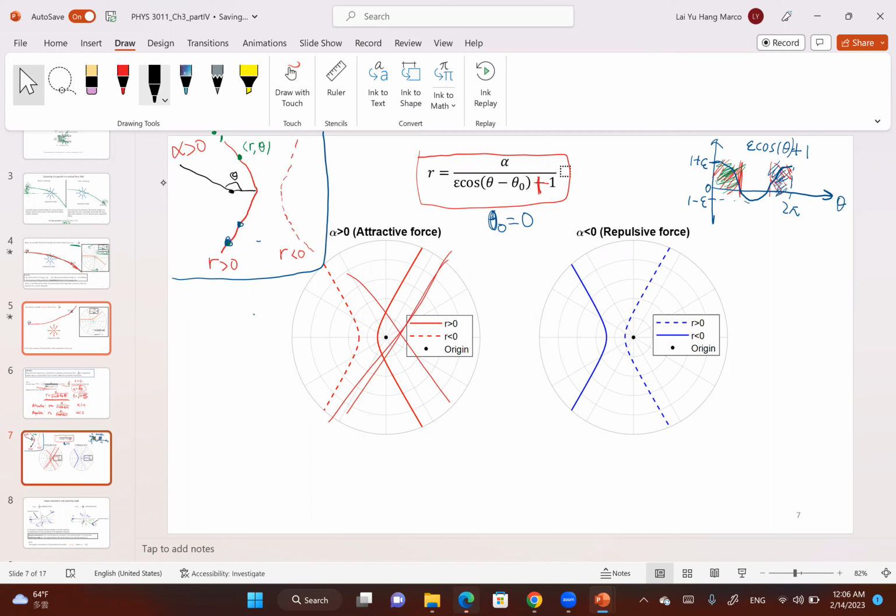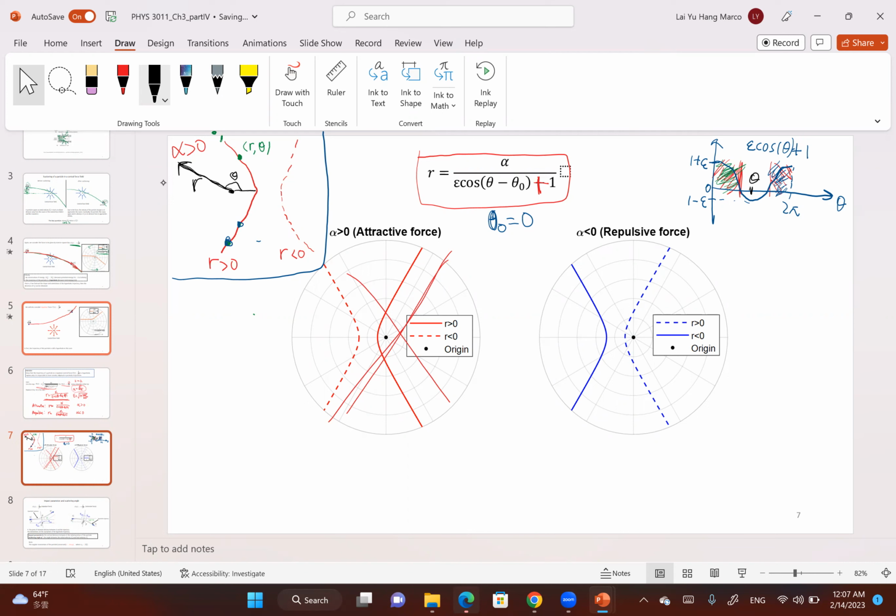That is, theta is somewhere here. Then I have a negative value of r. Everything over this side would be a positive r, but this equation does not give any positive r here.